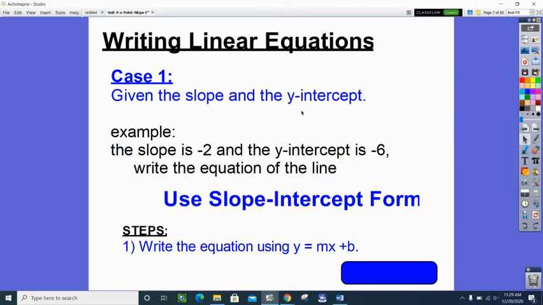That's your M. And then we knew it started a certain number of feet above sea level, and that was your B. And you're able to just write it in y equals mx plus b form. In this case, it's an algebra example rather than a real world example, but you can see the slope and you can see the B, and you just put it in y equals mx plus b and you're done. So case one problem, when you're given the slope and the y-intercept, it's the easiest to get into an equation.